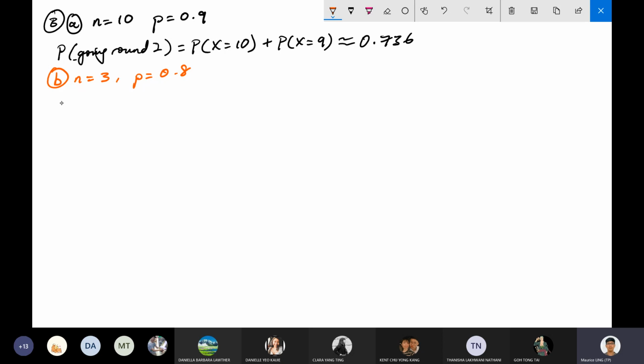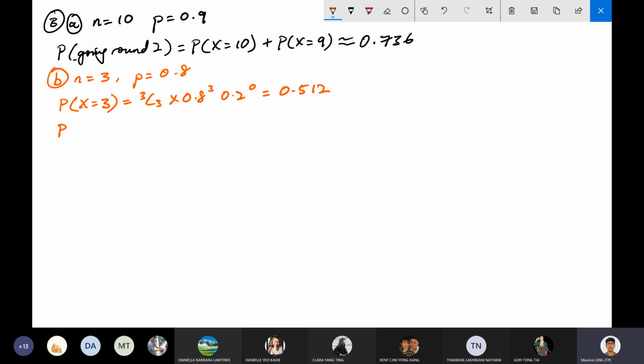So you need all to pass. In this case it is 3 choose 3 times 0.8 to the power of 3 times 0.2 to the power of 0. So the probability of passing the second round is 0.512, assuming they pass the first round.